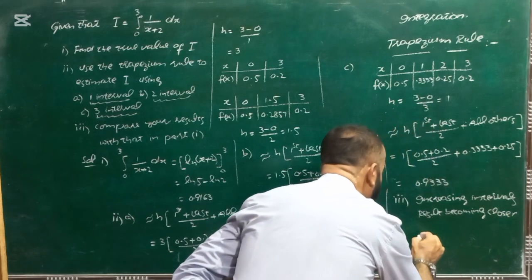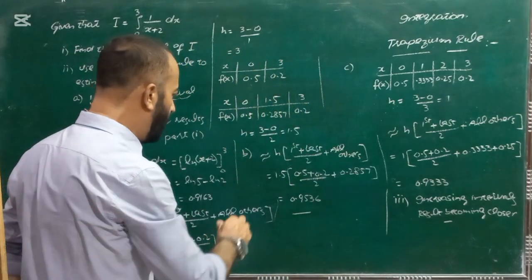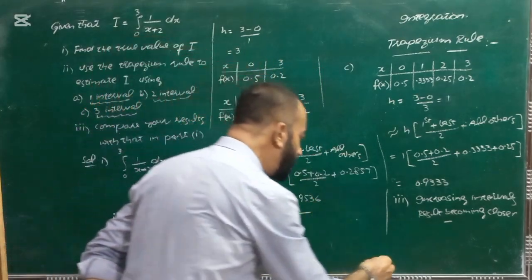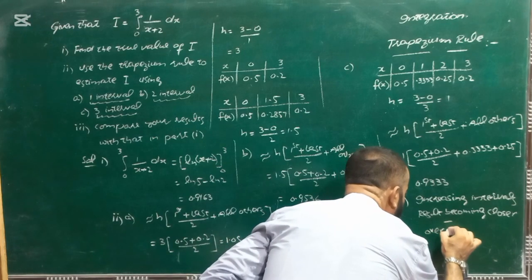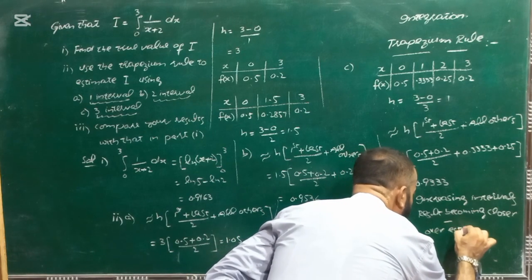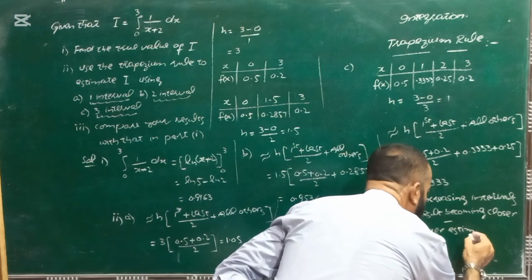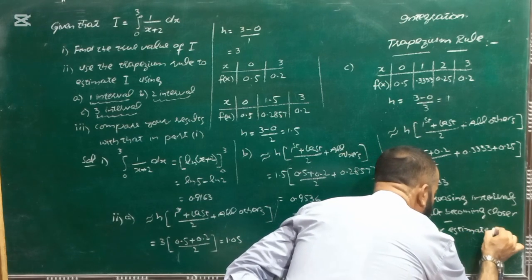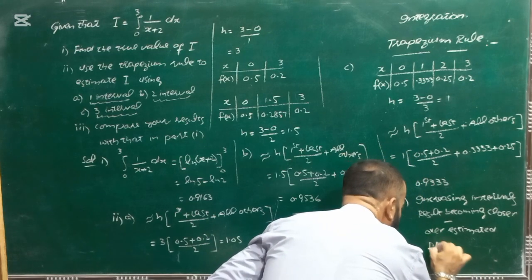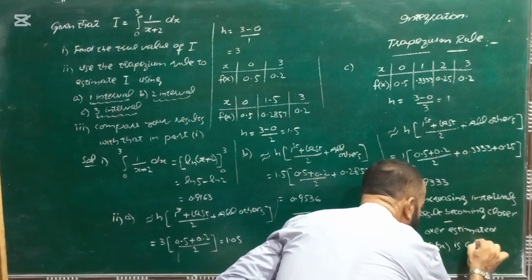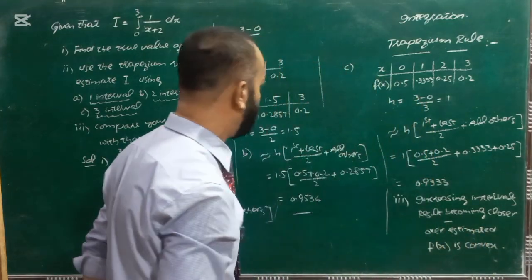So this is the first observation. Second observation is because this is overestimated. Overestimated means your trapezium's result is greater, so that's why it is overestimated, and f of x is convex. So these are the observations.